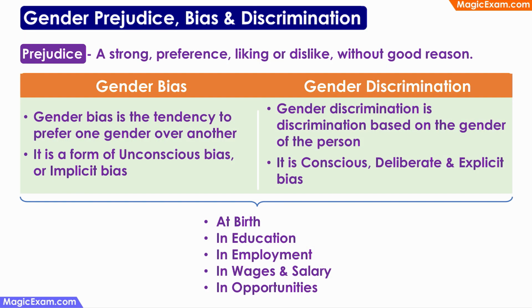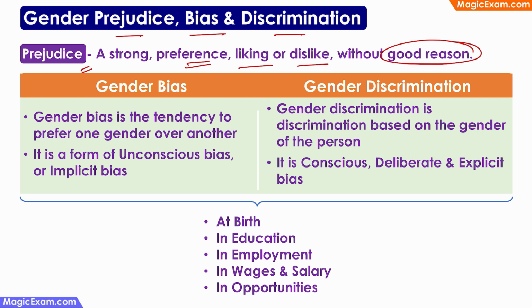Next, let us talk about the concepts of gender prejudice, bias, and discrimination, and what is the connection between these 3 terms. Prejudice is a strong preference, that is, it can be a liking or a dislike without a good reason. Some examples can be some people like dogs, some people like cats.